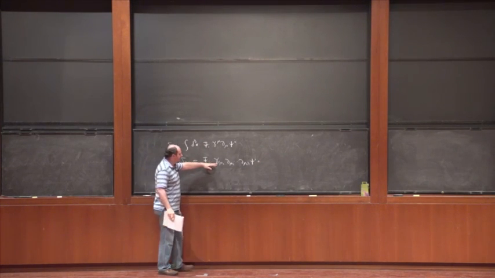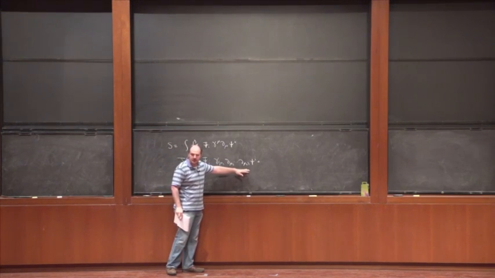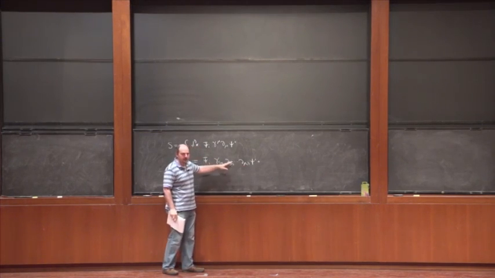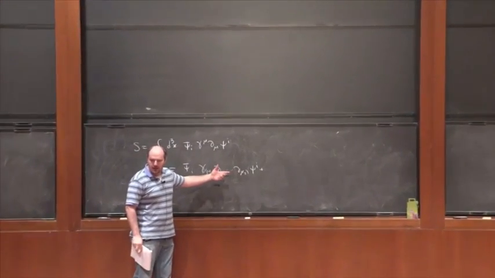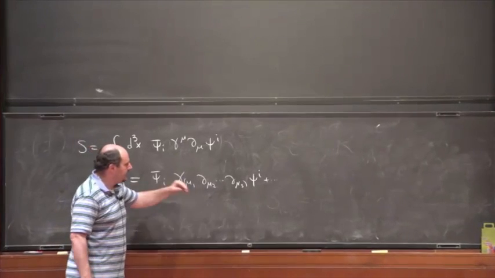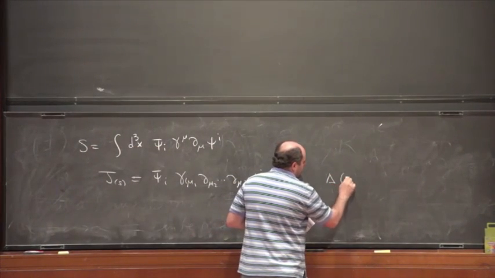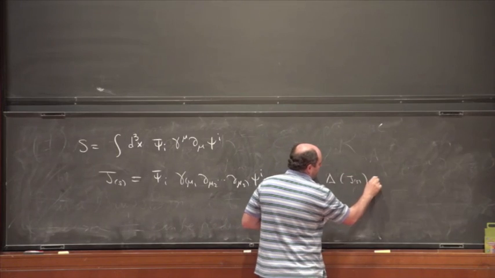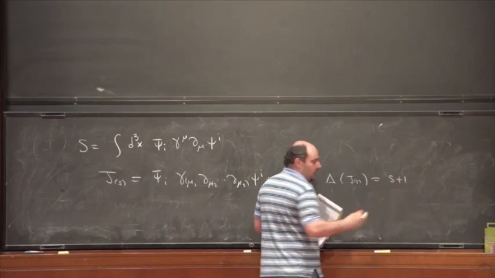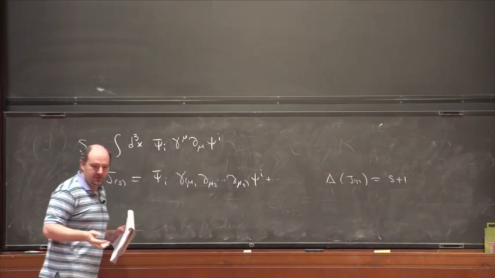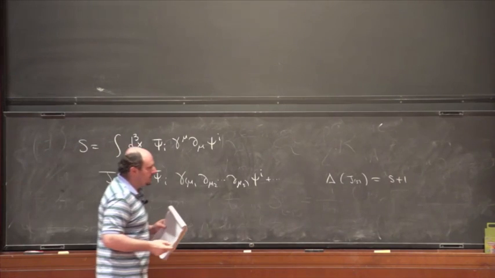There is one gamma matrix and S minus 1 derivatives. So this is a little different from the expression we saw yesterday for scalars, where we have S derivatives and bilinear scalars. Here we have S minus 1 derivatives, so that the dimension of these currents is again S plus 1, as it's supposed to be for a conserved current in a 3-dimensional CFT.